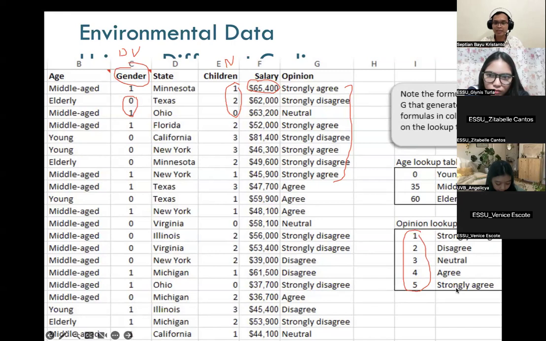The smallest number means that your data is expressing disagreement. But the highest number, in this case number 5, is expressing your full agreement, or strongly agree, with your opinions. This is what we call ordinal value, because they have a natural ordering from 1 to 5.